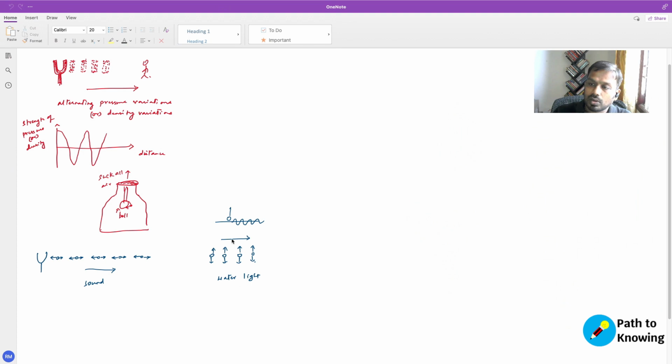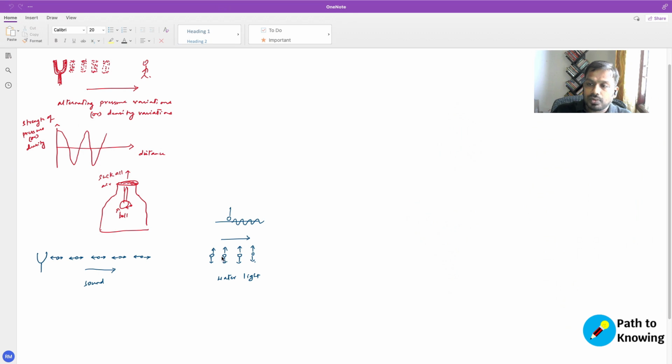In the case of light and water, the wave is still propagated this way, but the direction of the particles is perpendicular to the direction of the propagation of the light wave or the water wave. But in the case of sound, the direction of the particles is parallel to the direction of the propagation of the wave.